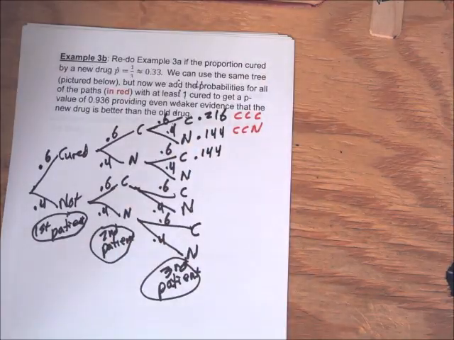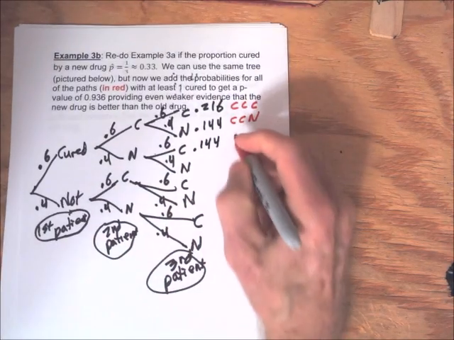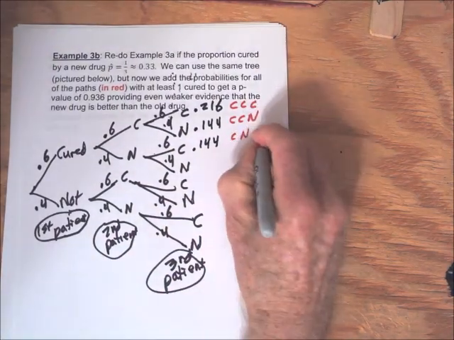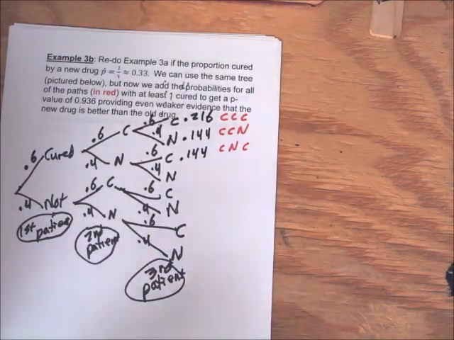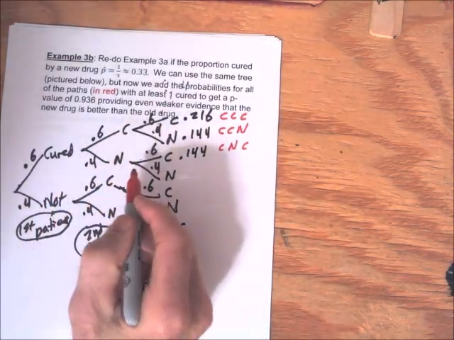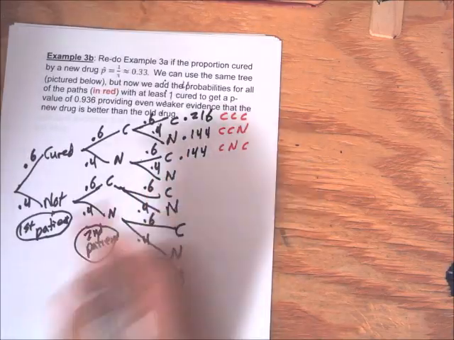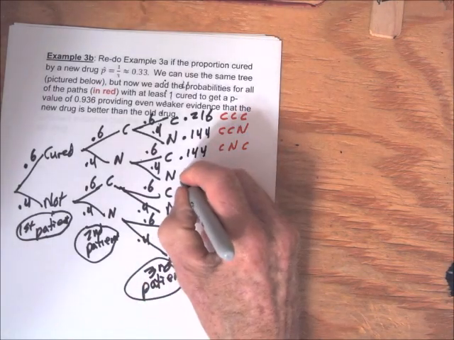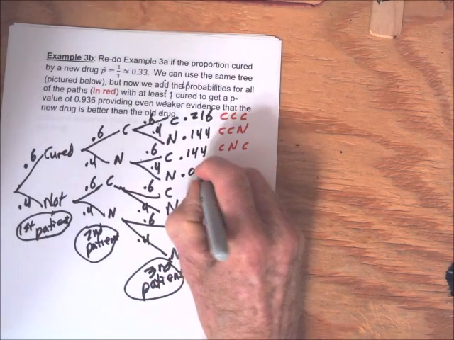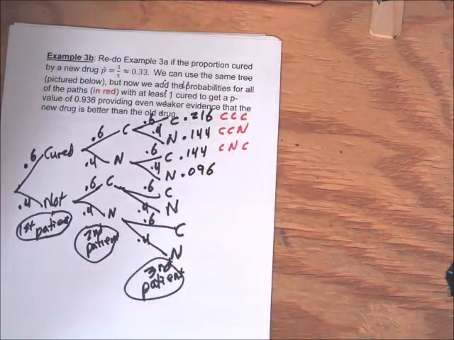That's cured, not cured, cured. Next path, 0.6 times 0.4 times 0.6, again 0.144. That'll be cured, not, not: 0.6 times 0.4 times 0.4, which is 0.096.